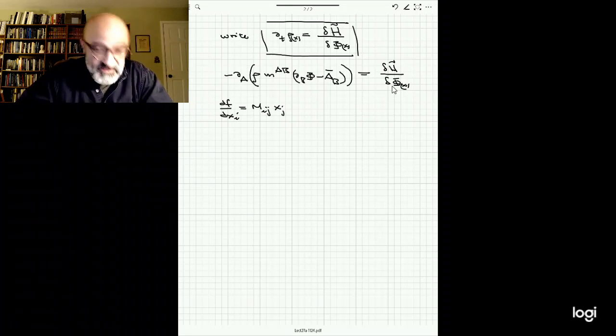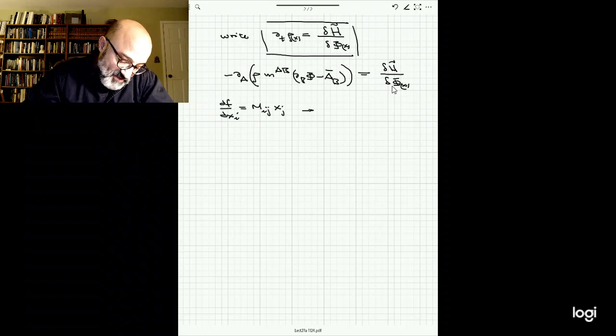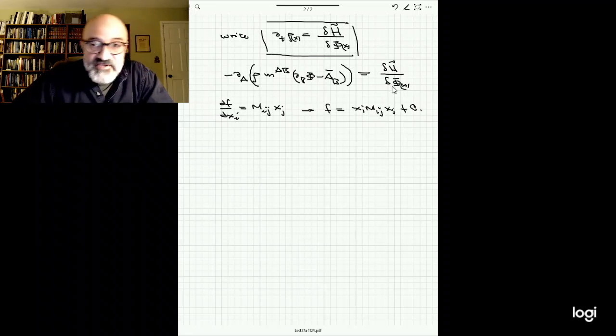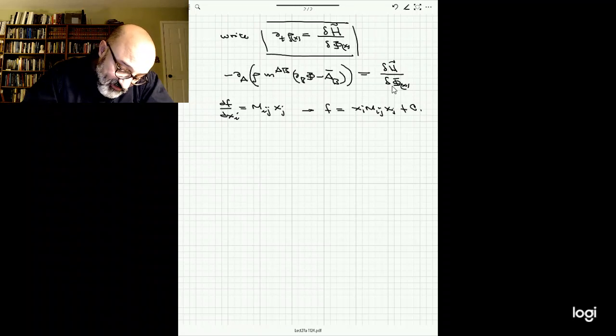That equation is trivial to solve. You just get that F has to be 1/2 x_i M_ij x_j plus some constant.